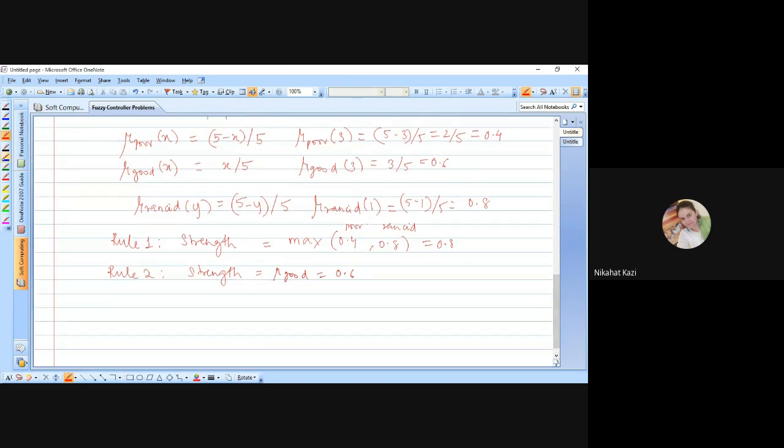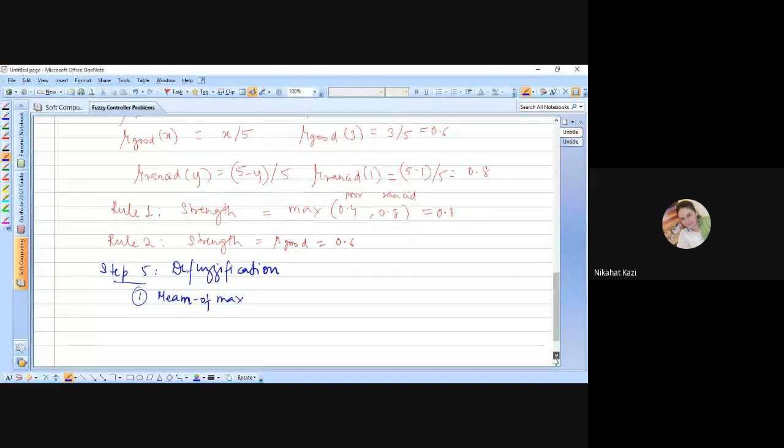Very good. So there are two methods that we have to use. First method we are aware of very well, versed with it. Okay. So mean of max. So defuzzification, first method we are using is mean of max. What are you going to do for mean of max?